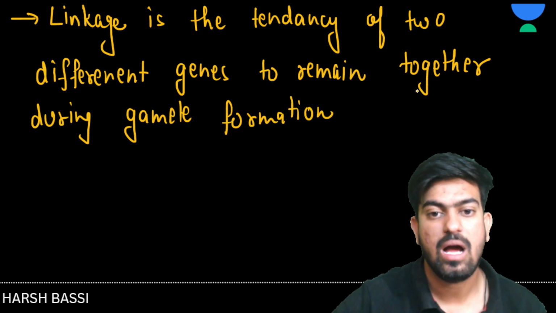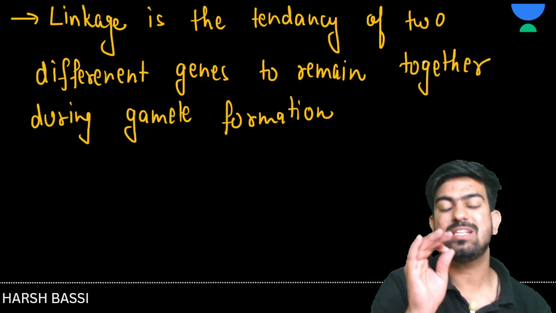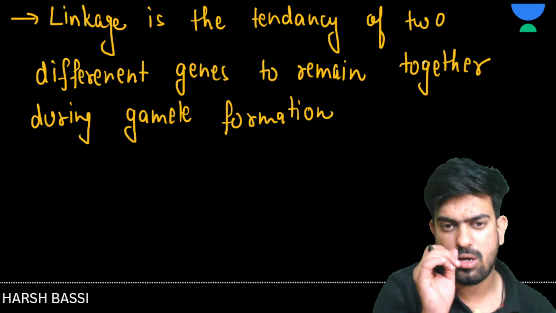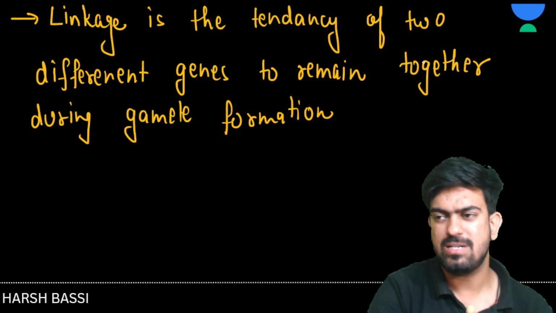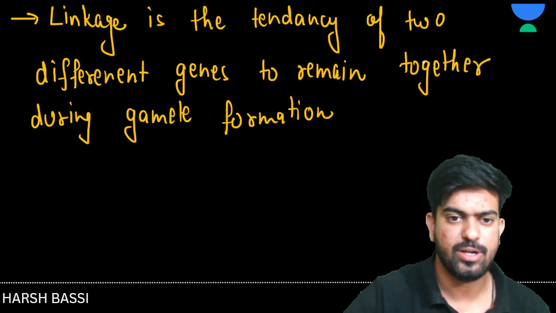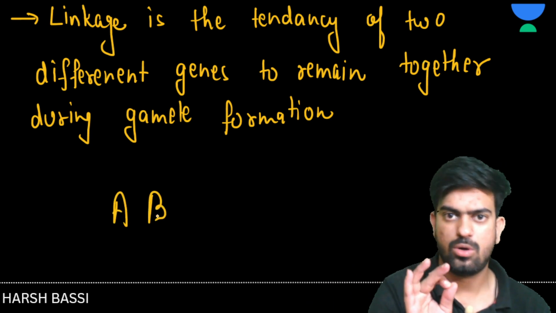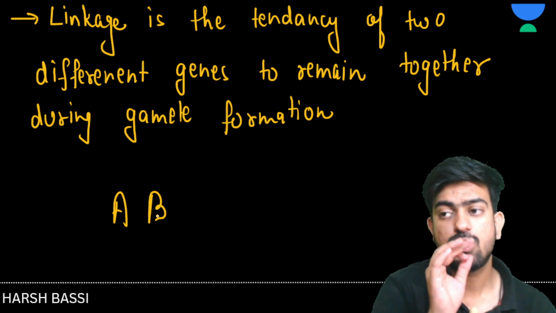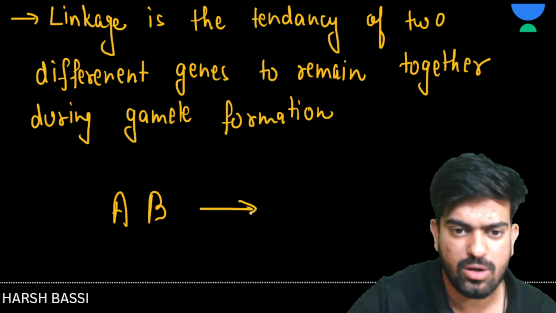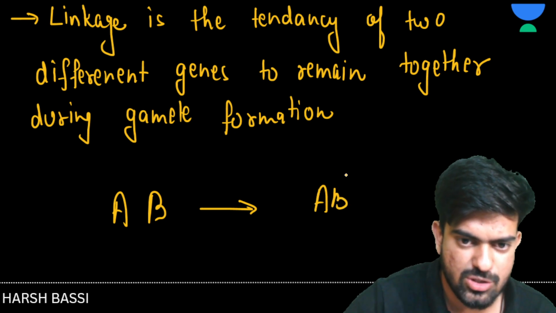Okay, right? So the separation is not possible. Let's suppose there are two genes A and B, so they want to be together. So when the gametes are formed, they will not get separated. In the gametes also they will be together.